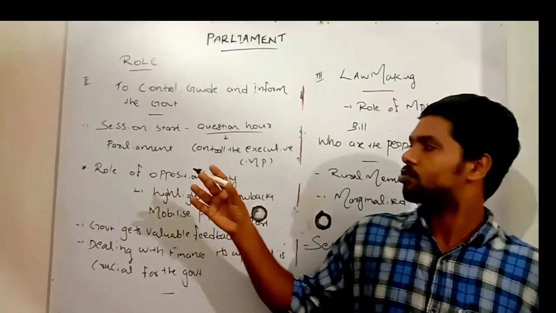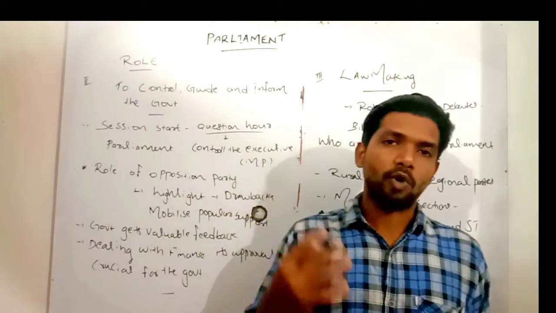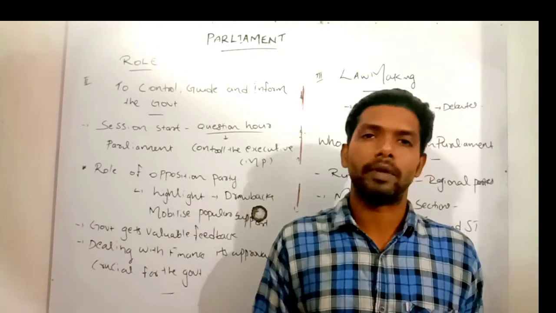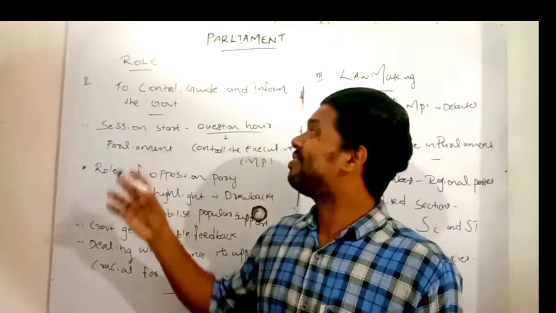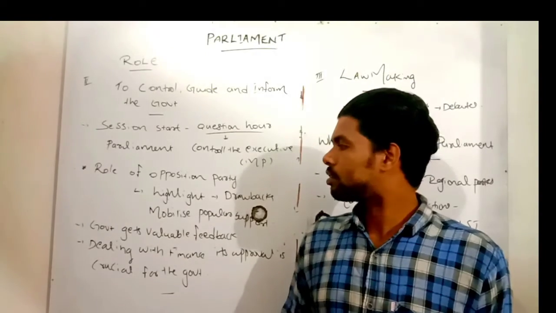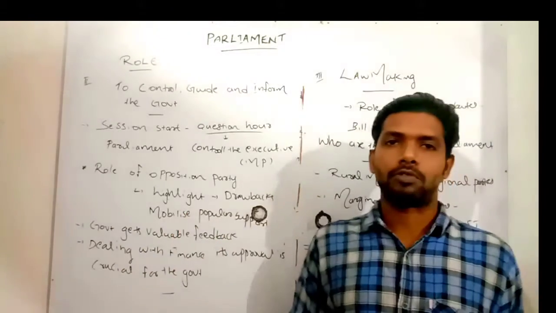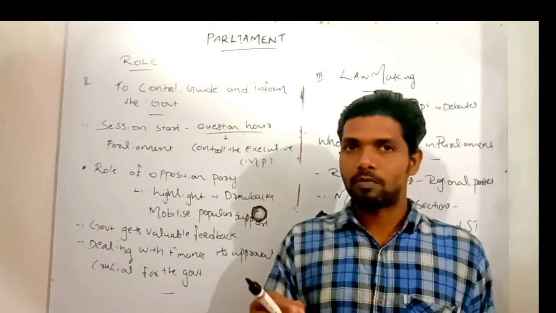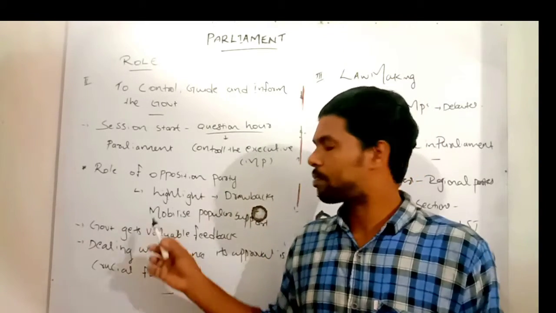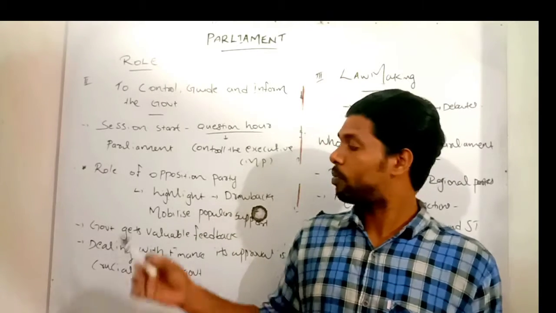So it's a golden chance for the opposition party, through questioning, to point out the drawbacks and weaknesses of our Indian ruling government. So Indian Parliament controls and guides the government, especially the ruling government. And our opposition party also mobilizes popular support, mainly by highlighting the drawbacks of the ruling party, and in the next election they try to win through that mobilization.